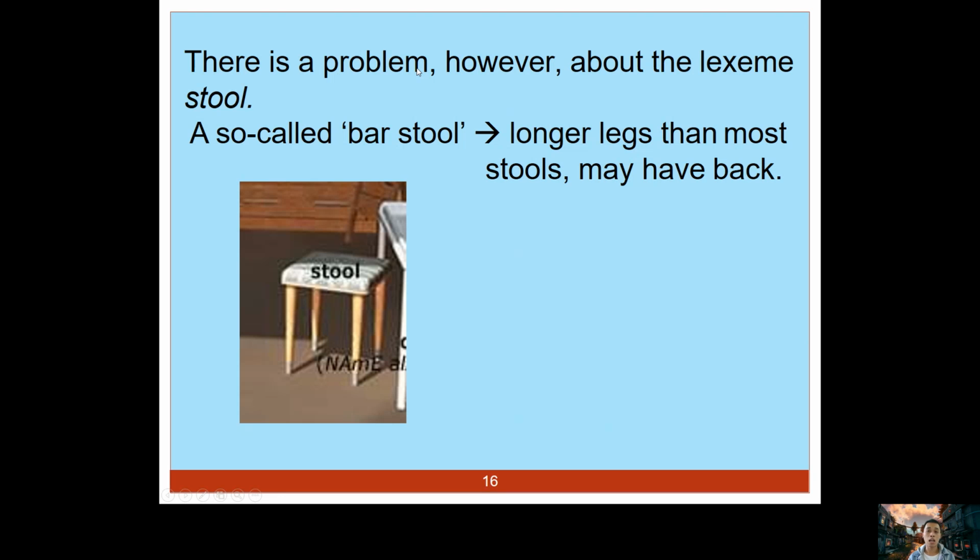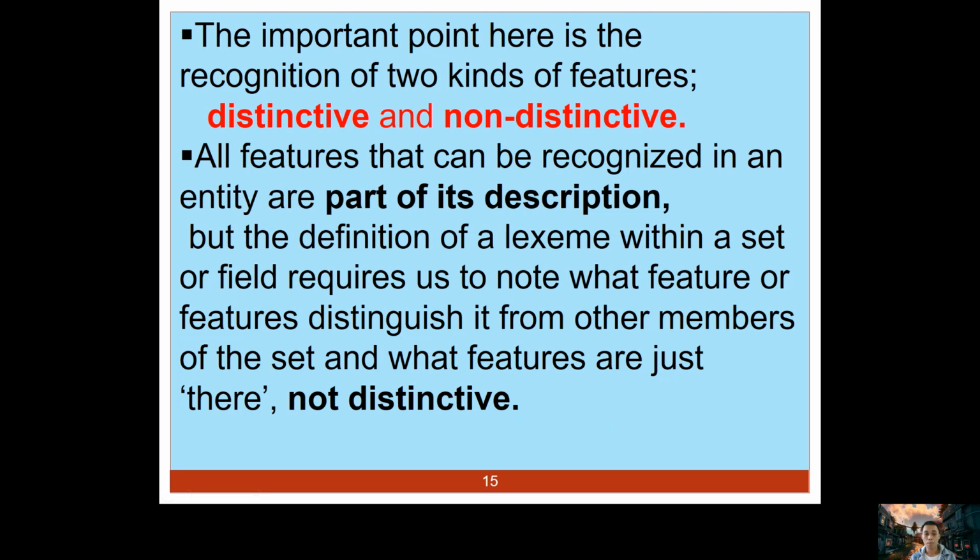The problem is, however, for the lexeme stool, as you can see in this picture, this is a stool, and this is a chair. It does not have a back. Okay, the important point here is the recognition of two kinds of features, distinctive or non-distinctive.